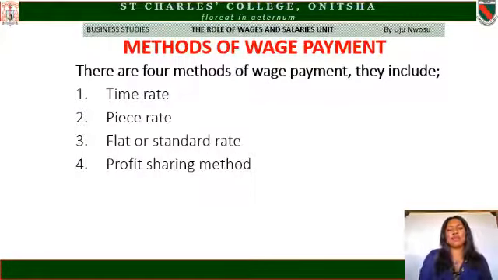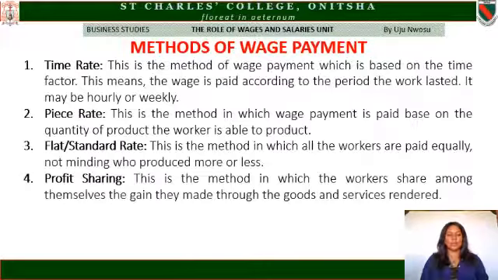Let's look at the methods of wage payment. There are 4 methods of wage payment. They include number 1, time rate; 2, piece rate; 3, flat or standard rate; and 4, profit sharing method. Let's take them one after the other.